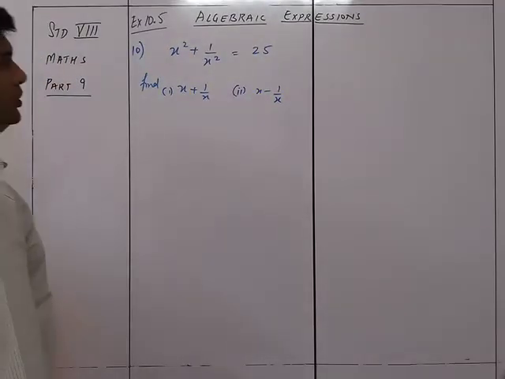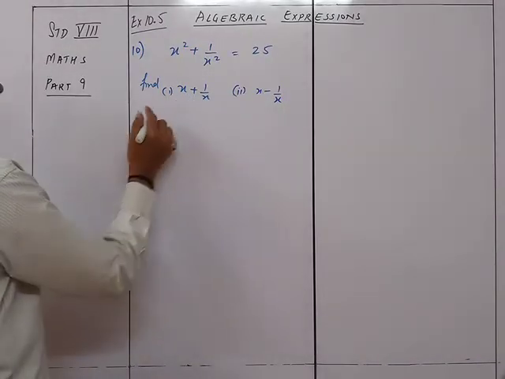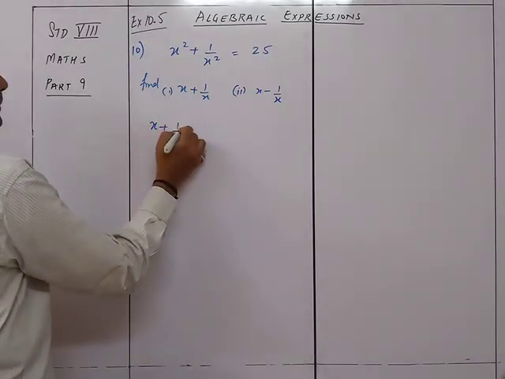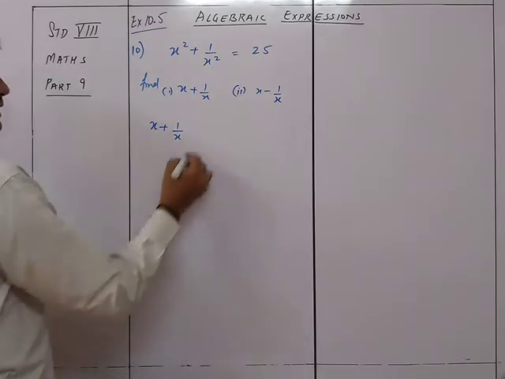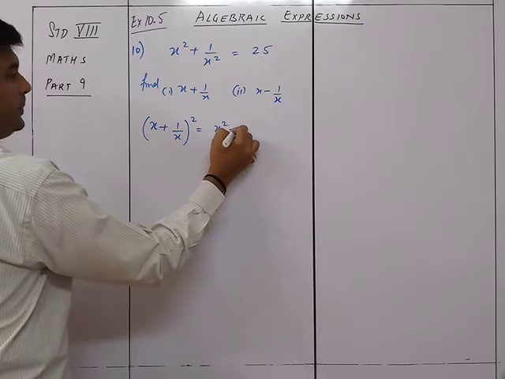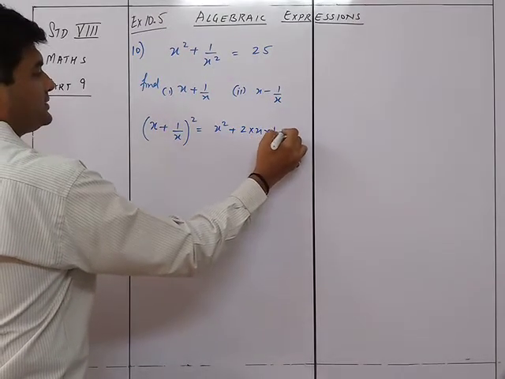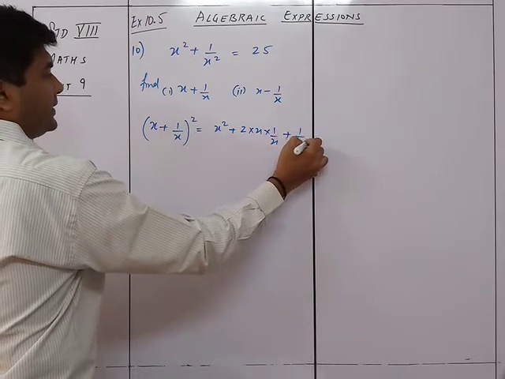Okay, so now we know that this is what is given to us. So let's just take x plus 1 upon x the whole square is equal to x square plus 2 into x into 1 upon x plus 1 upon x square.